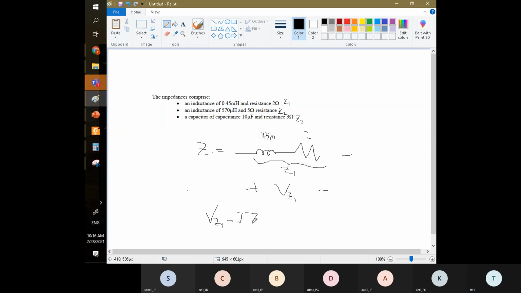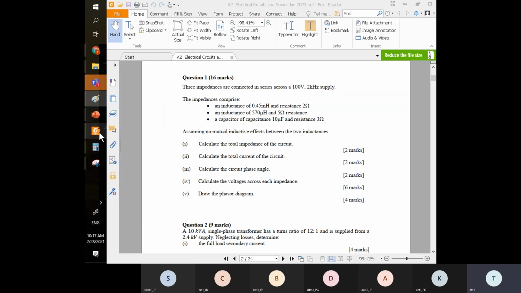IZ1. I you know already, right? We obtain the I from here. Only one I only. This is a phase angle. Only one current only, right? In this loop, only one loop only.